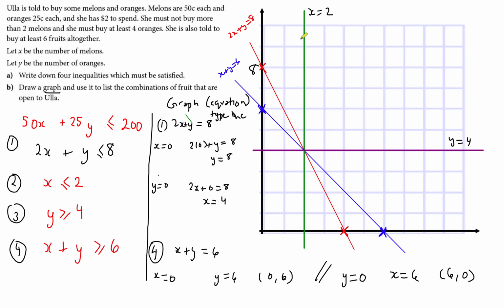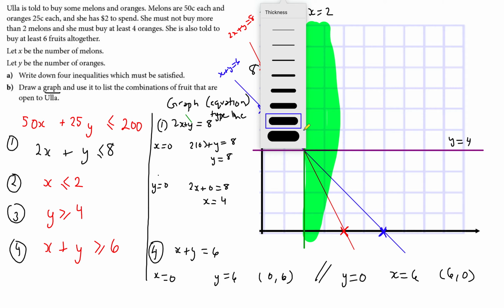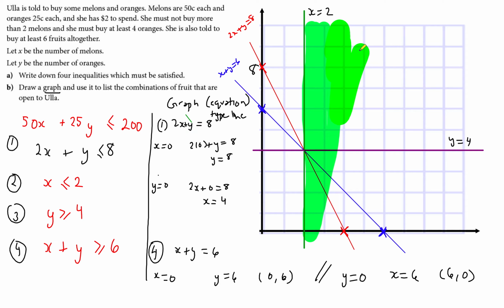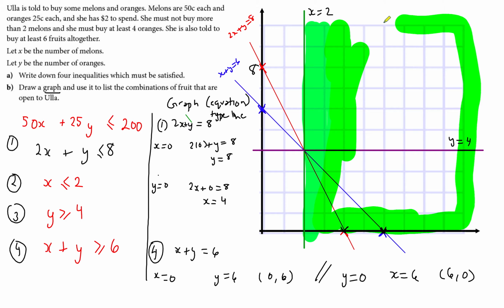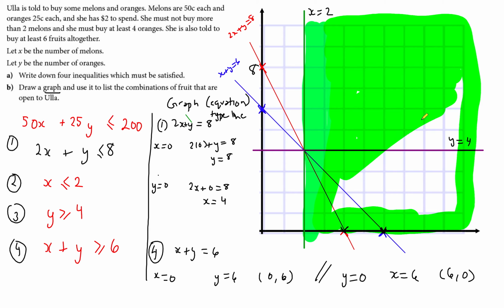So everything beyond this line is not allowed. So I'm going to shade out this region. This is the region she's not allowed to pick from. It's going to take a while. So we have this region she's not allowed to take from.